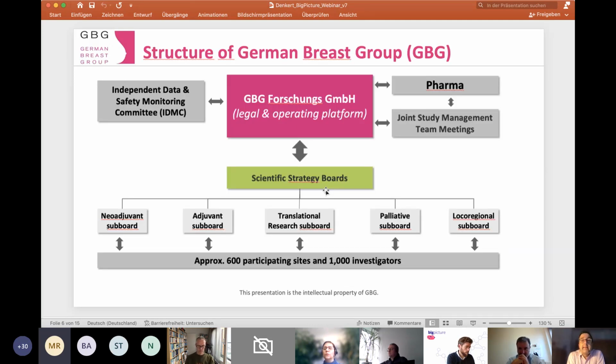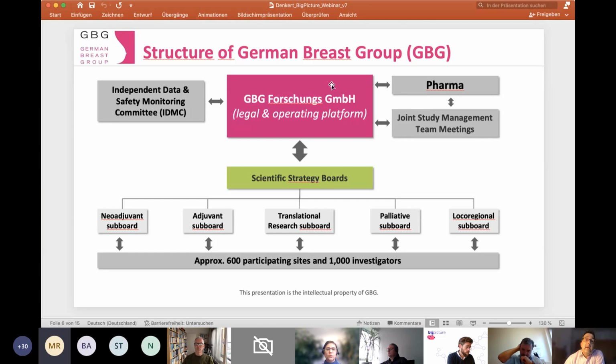So I have one slide explaining what the GBG is, because it's important to know this when some of you are planning to do translational research with the GBG slides and resources and digital slides that will become part of the Bigpicture repository.